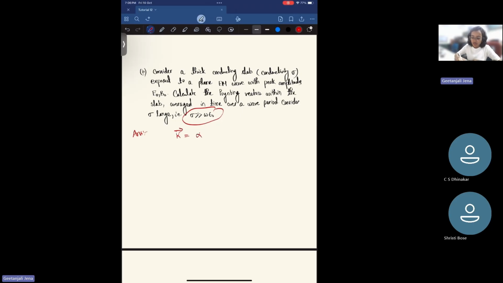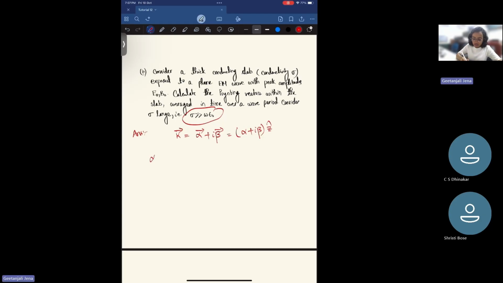In addition to the real part, we will have an imaginary part, which will attenuate the electromagnetic wave inside the conducting material. If we take that the electromagnetic wave is propagating along the z direction, let us take it in the z direction.